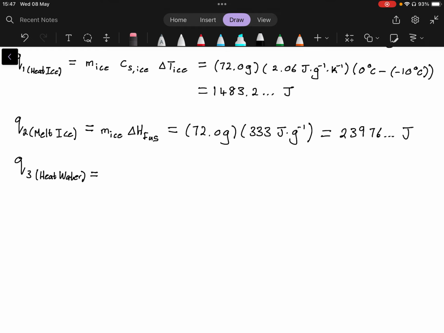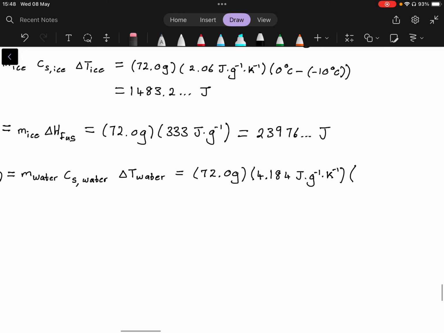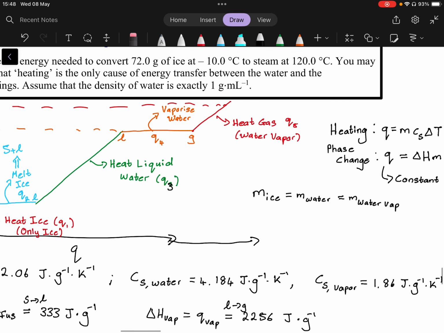Heating the water is the mass of the water, specific heat capacity of the water, times the temperature change of the water, which will be equal to, again, 72 grams, because it remains a closed system, so there's nothing lost, 4.184 joule per gram per Kelvin, multiplied by delta T. In this case, where do we end up?